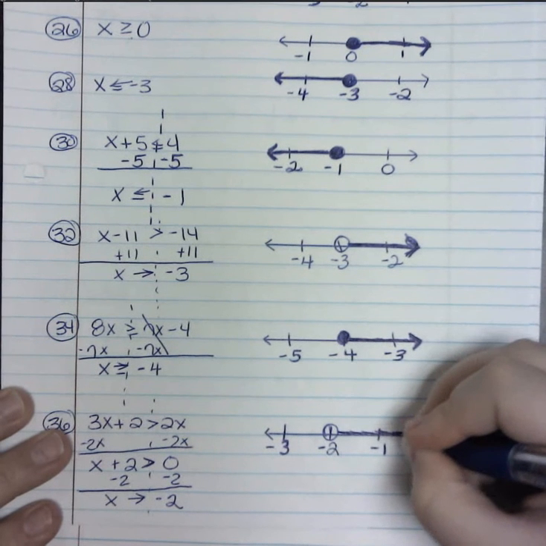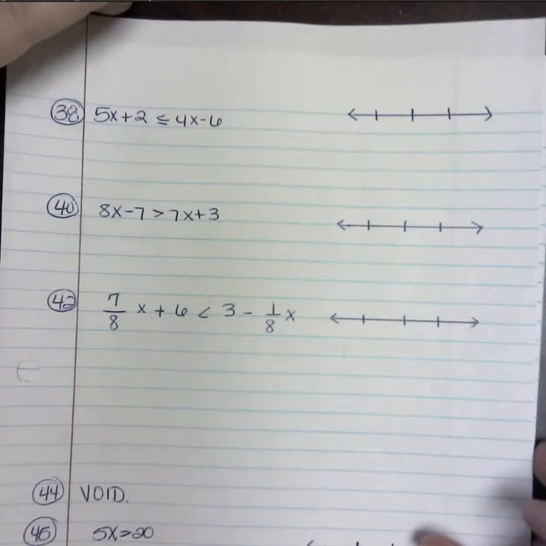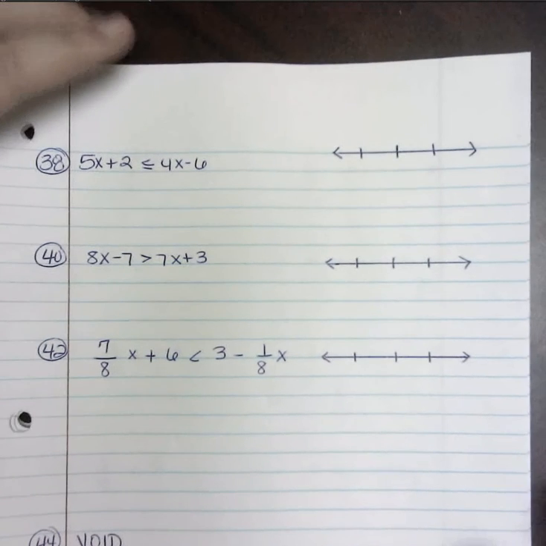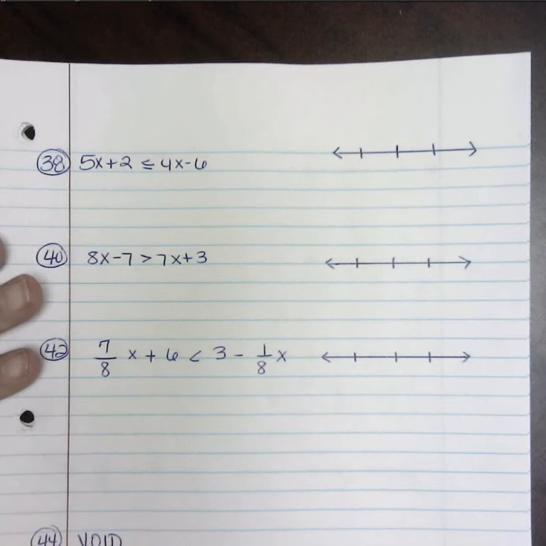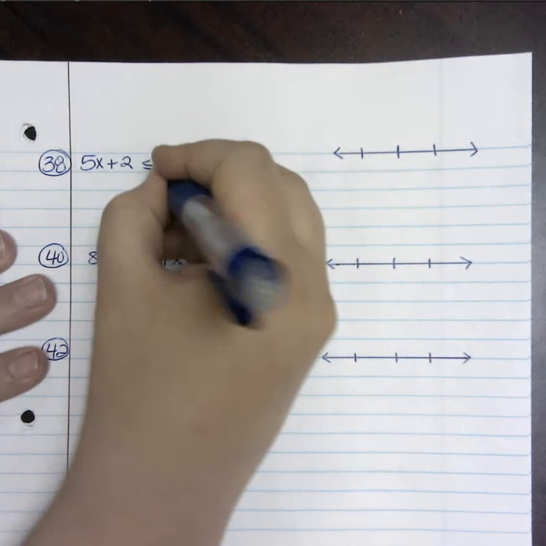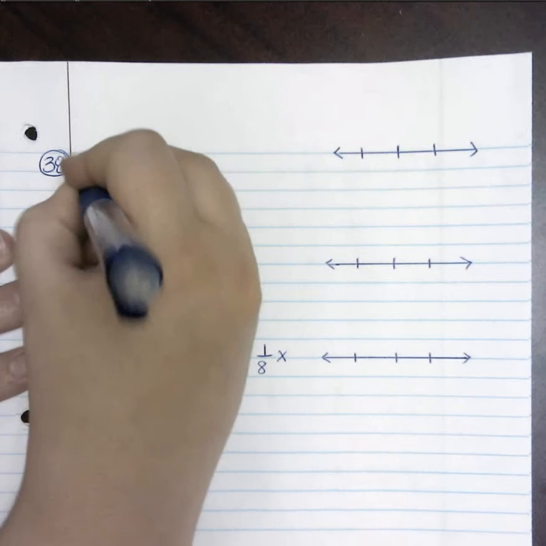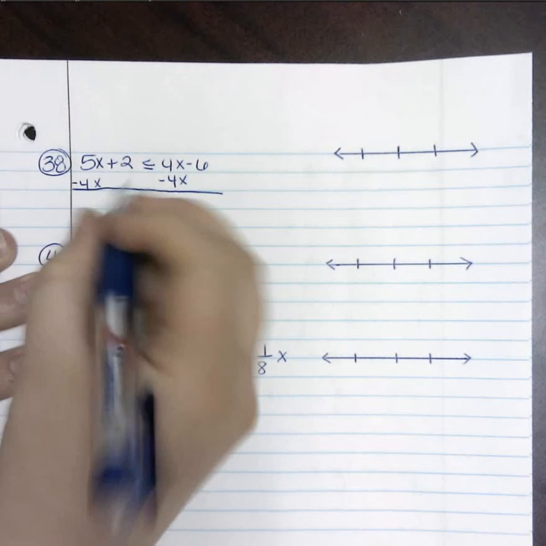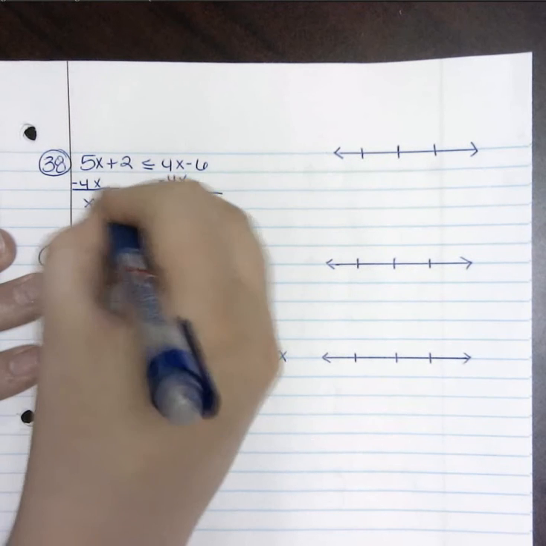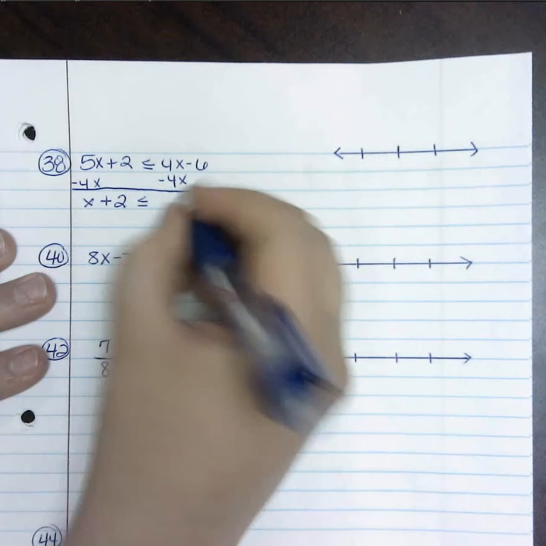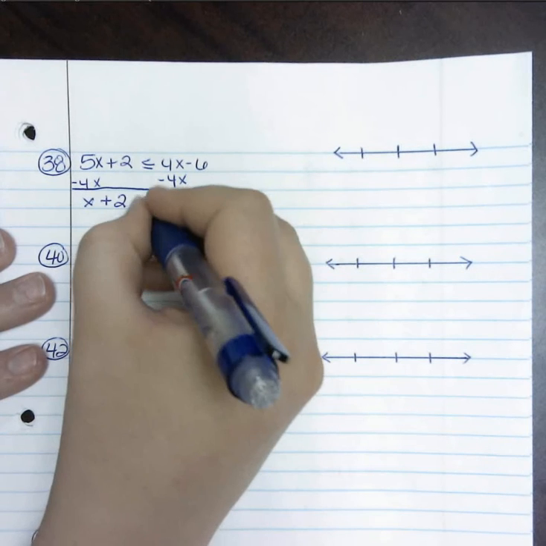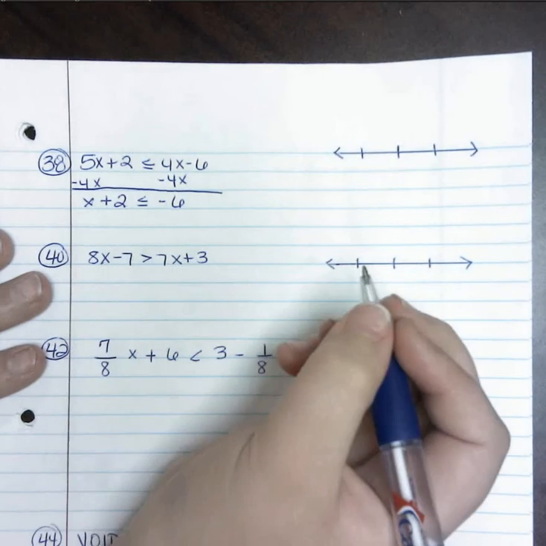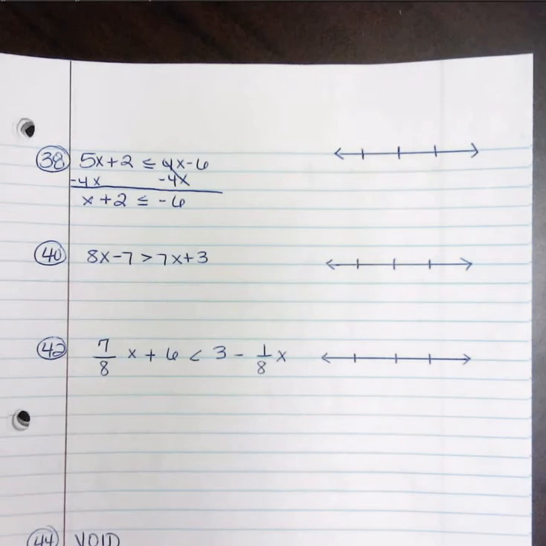All right, for problem number 38. So we need to move the smaller x first, which is my 4x. So 5x minus 4x is x. Bring down your 2. Bring down your less than or equal to, and you have a -6 because those 4's are going to cancel.